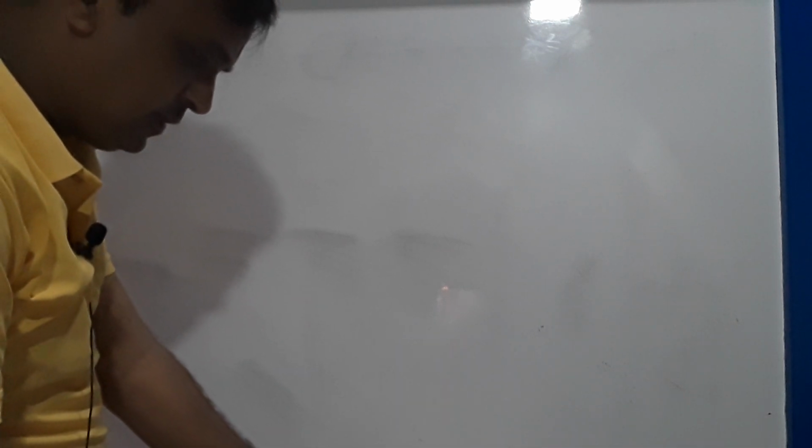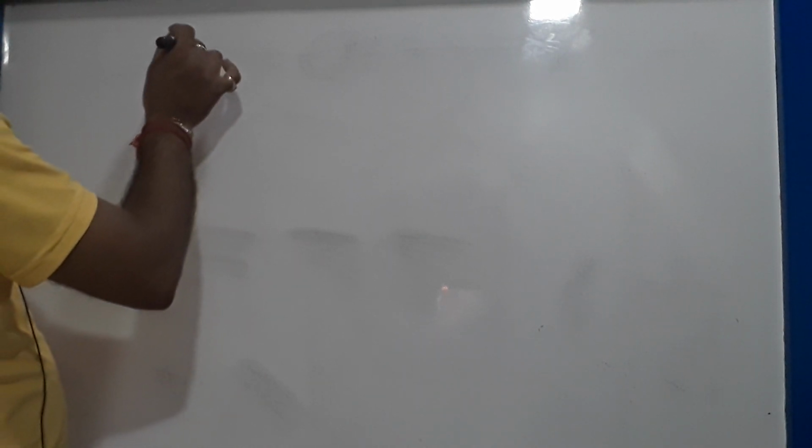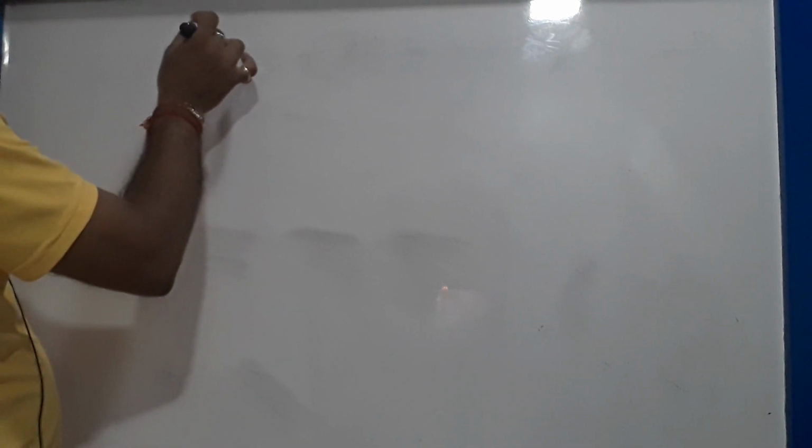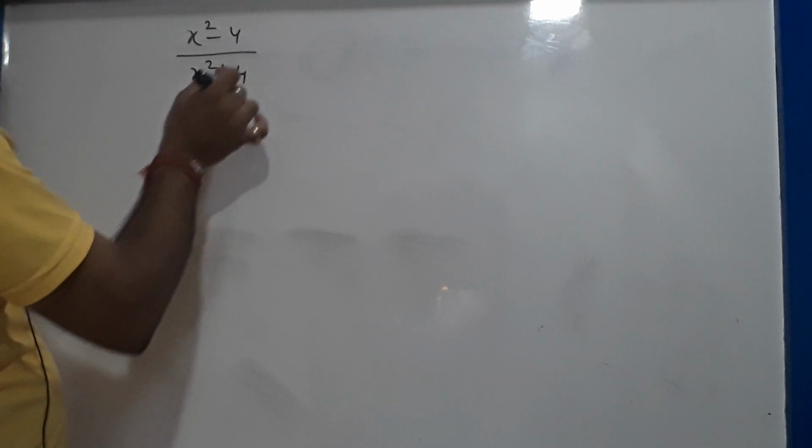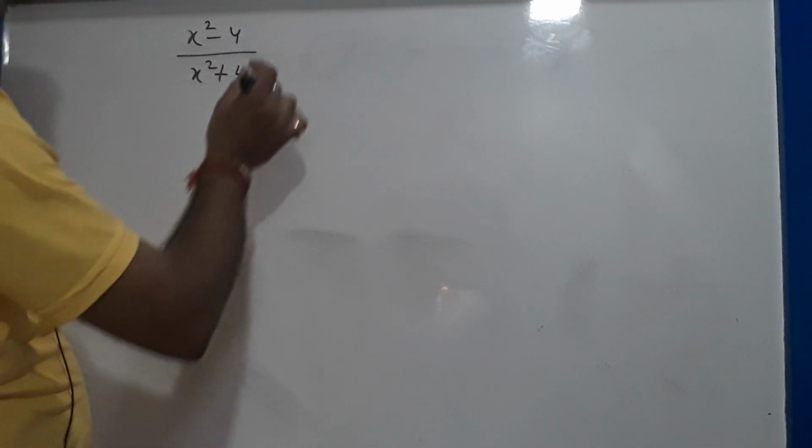Let us solve this. Let us take one question. (x square minus 4) upon (x square plus 4) is equal to 3 upon 5.